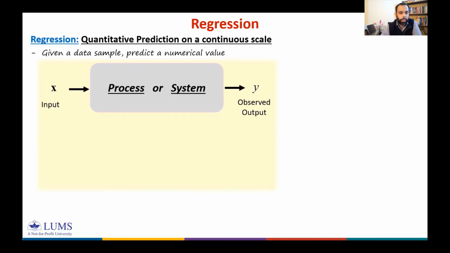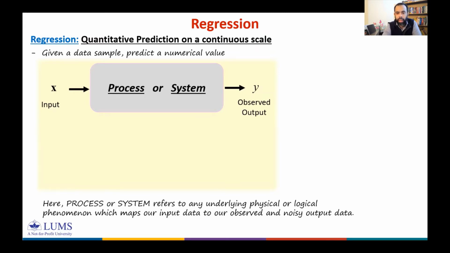Here process or system refers to any underlying physical or logical phenomena. So it could be a model in finance, it could be a biological model. It is a mathematical abstraction, or some phenomena that is mapping you from your multi-dimensional input X to the continuous variable or numerical value Y, right?